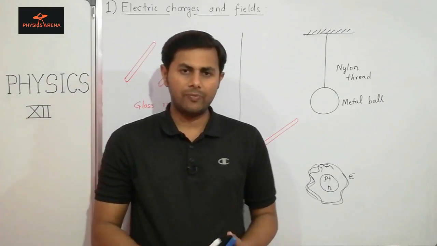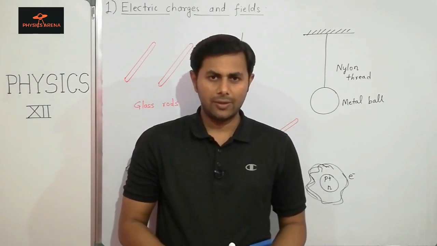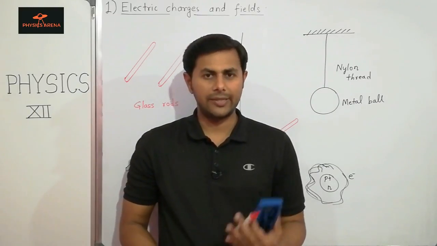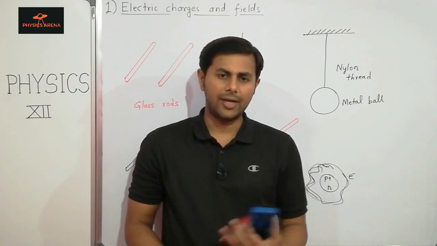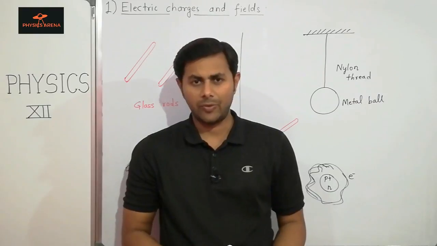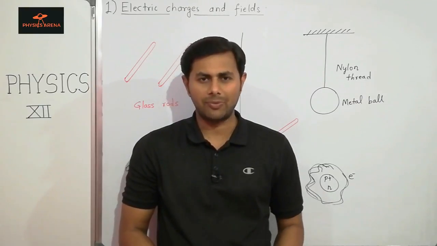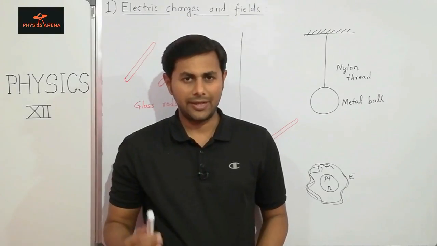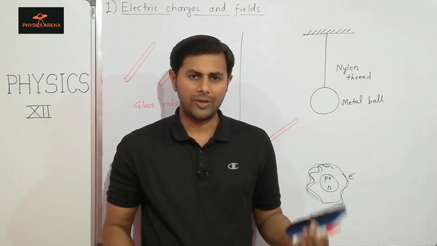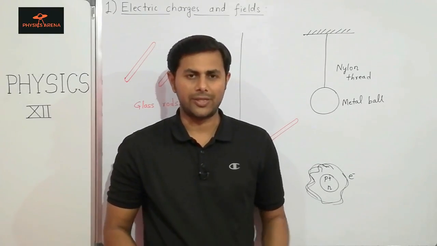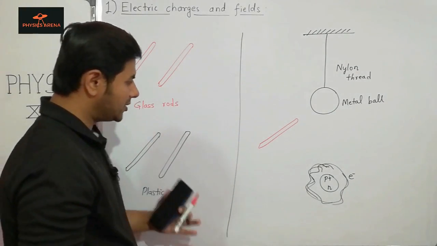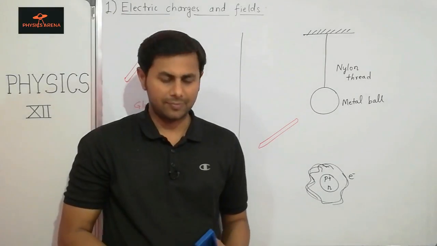So when we rub bodies onto each other, the electrons from one body which has less electron affinity are transferred to the other body which has more electron affinity, and that's why one body loses negative charge and one body gains the negative charge. So the bodies become positively and negatively charged.